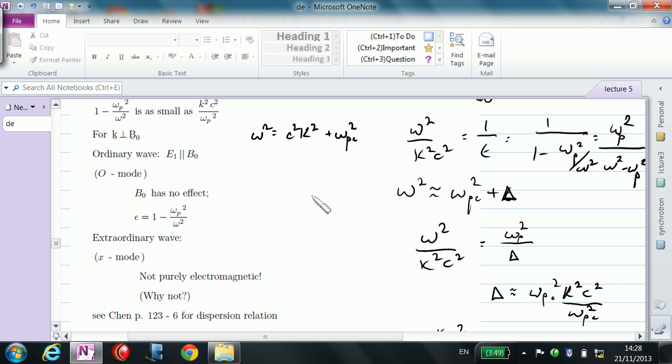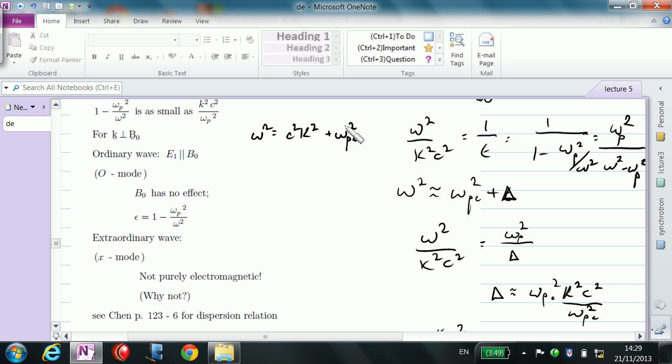I mean, it makes sense. Omega squared has to be at least omega pe squared, and if k is small, as an electromagnetic wave with the electric field perpendicular to k, then in the limit that k goes to zero, omega squared is equal to omega pe squared.